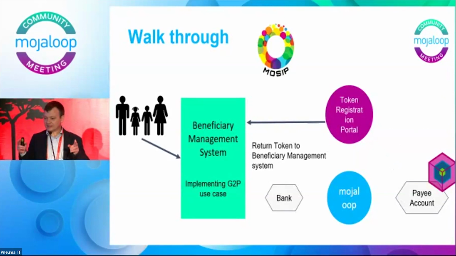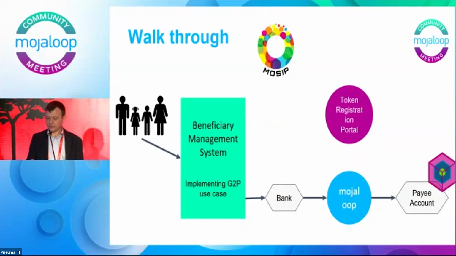It means that we've found an account and we've validated that account information exists, and we know it belongs to the person who's registered inside MOSIP. And that allows the beneficiary management system to make a payment using that alias token generated in Mojaloop.